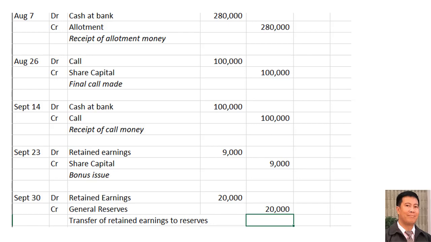Now, confusion will happen because some of the students will not update how much is the allotment. So usually, I would suggest you keep the accounts of application, allotment, and also bank trust. If you do that when you're solving the problem, then it's easy for you to trace what will be the amount to be credited or debited in the future. But if you don't want the account, you can just trace it.